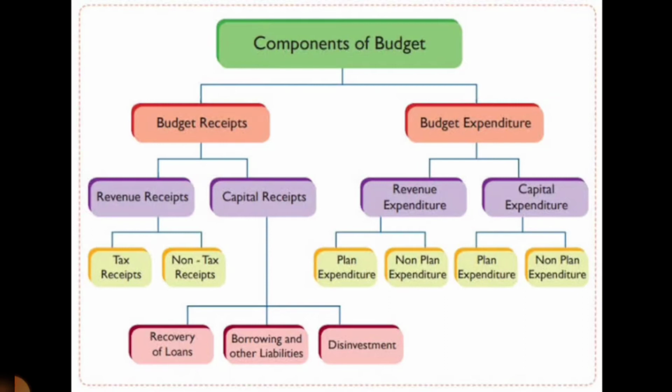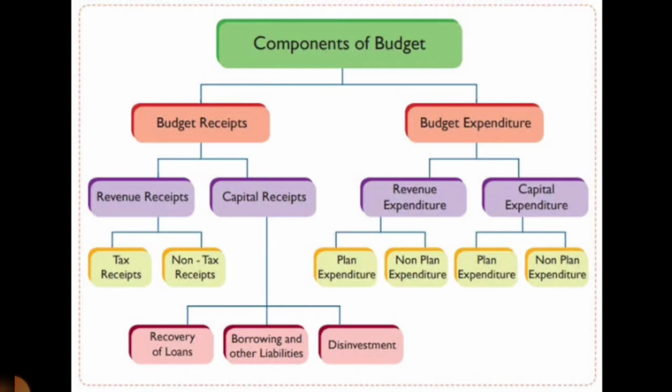After that, disinvestment, that is, if the government sells the public sector undertakings or PSUs, this also forms a part of the capital receipts. So these are the forms of capital receipts which make a change in the assets and liabilities of the government.